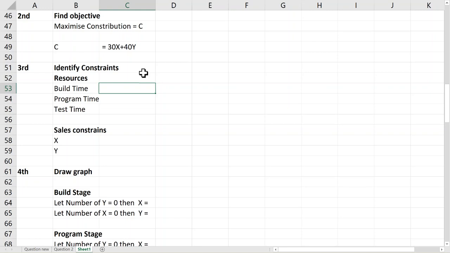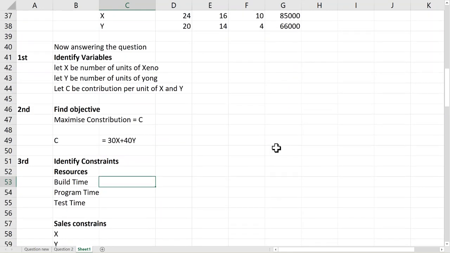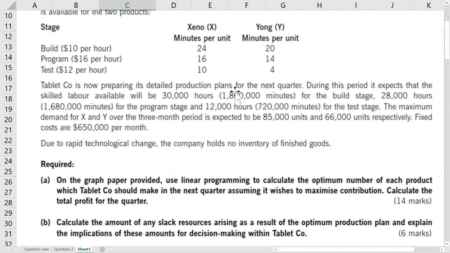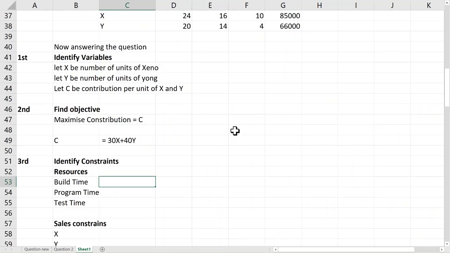Next, we want to identify constraints, things that are limited. We had build time, program time, and test time that was limited: 1.8 million minutes, 1.68 million minutes, and 720,000 minutes.